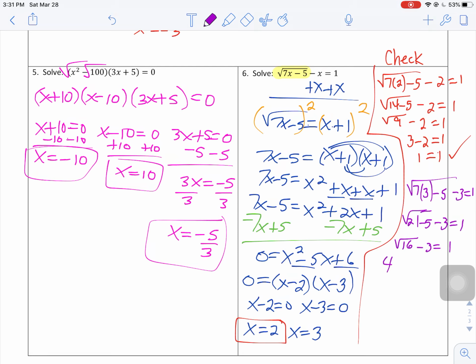And then the square root of 16 is 4. 4 minus 3 is 1. So yes, 1 does equal 1. That is a true statement. So both of these answers work. If one of them got you down to a statement that wasn't true, that's where you would cross it off and it would be an extraneous solution. Hopefully this helps.